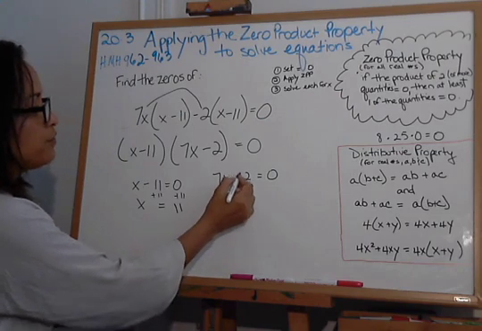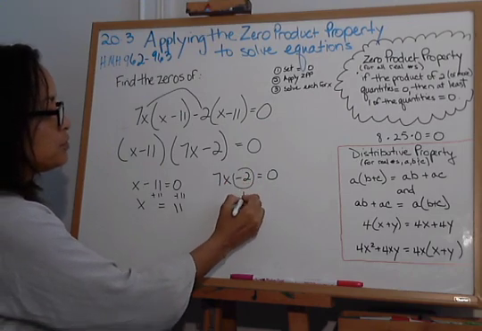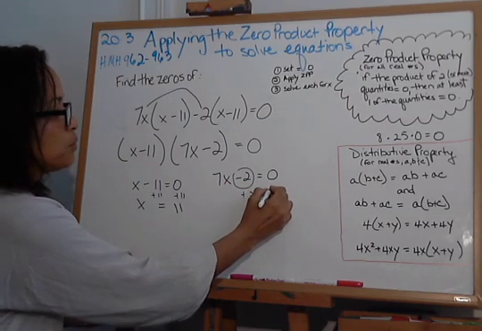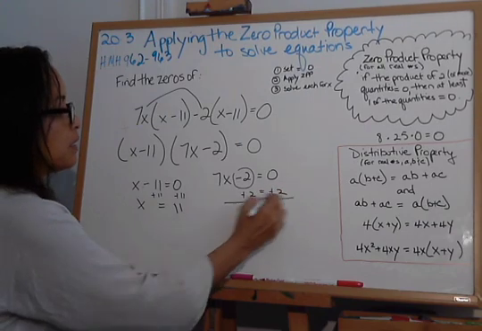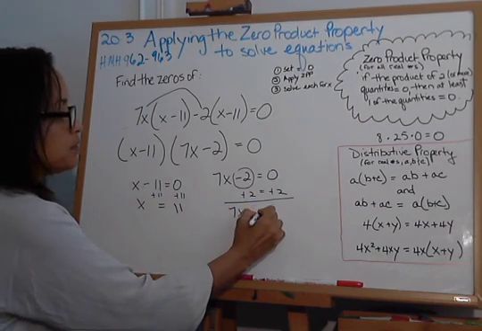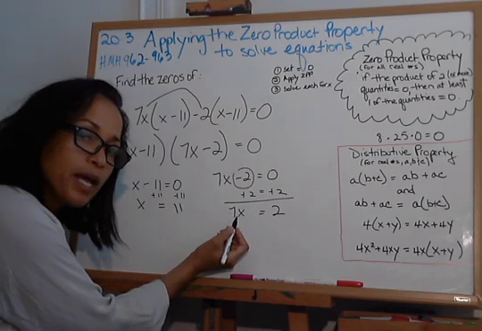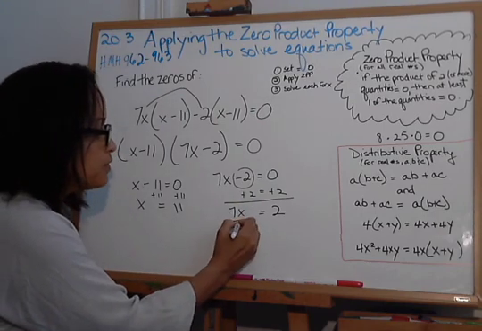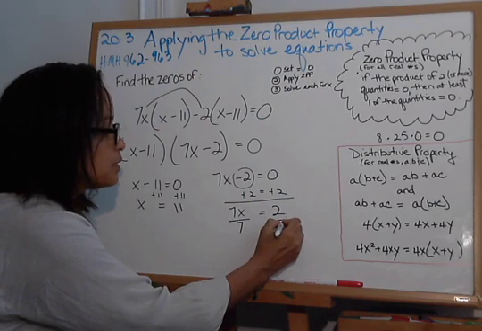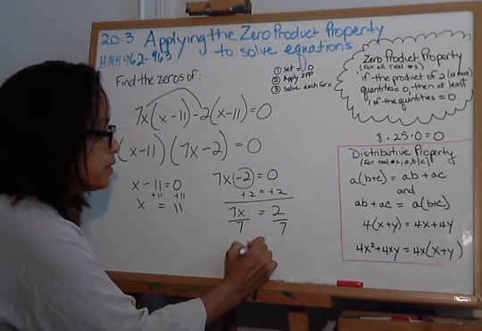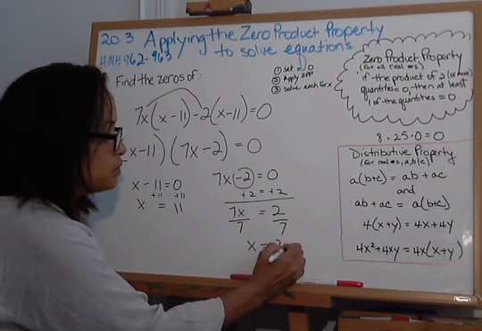I have to get rid first of the negative 2, so I add 2 to both sides. 7x is equal to 2, and now I have 7 being multiplied to my x. The inverse operation is to divide by 7 on both sides. And I'm left with x is equal to 2 over 7.